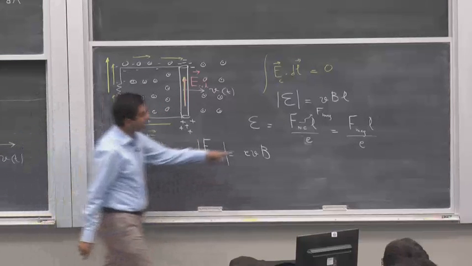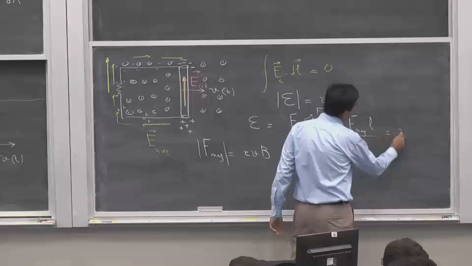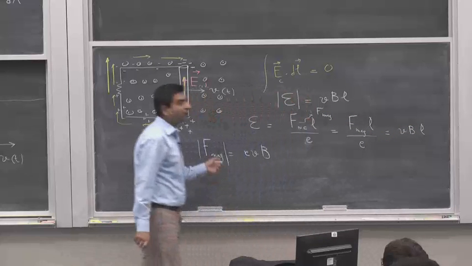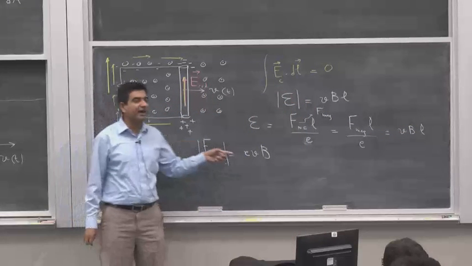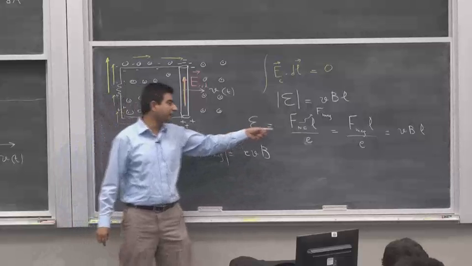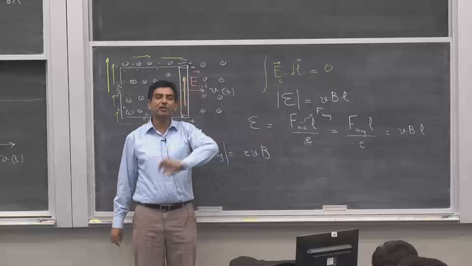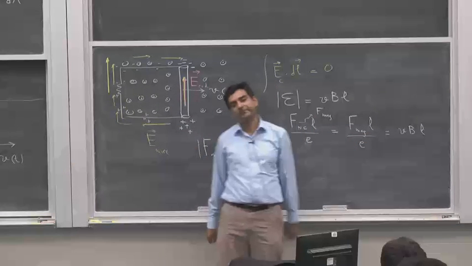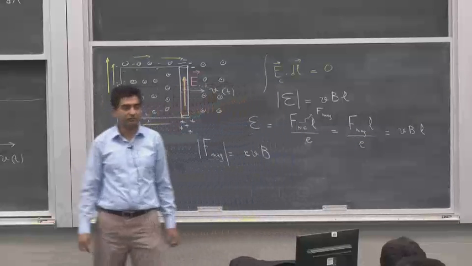So I insert this value in here, I get vBL. So from an alternative route, by looking at the EMF of a battery and using the magnetic force as the non-conservative force that creates a charge separation, we get the same EMF as we've gotten from Faraday's law.